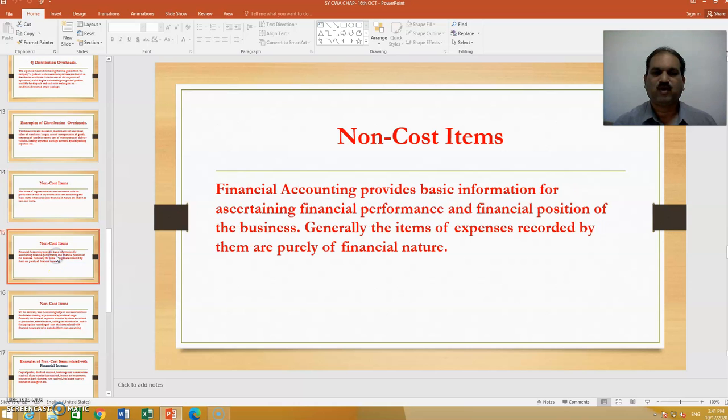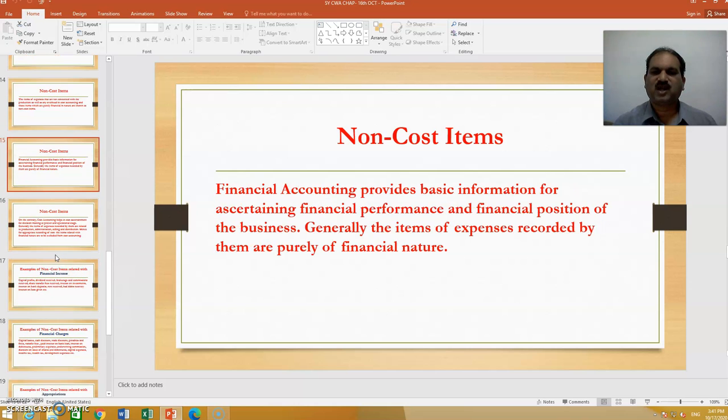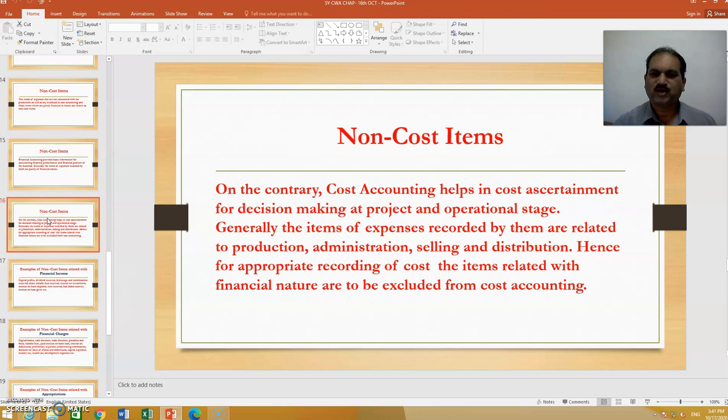Let's see what the difference is. Financial accounting provides basic information for ascertaining financial performance and financial position of the business. Generally, the items of expenses recorded by financial accounting are purely of financial nature. On the contrary, cost accounting helps in cost ascertainment for decision making at project and operational stage.